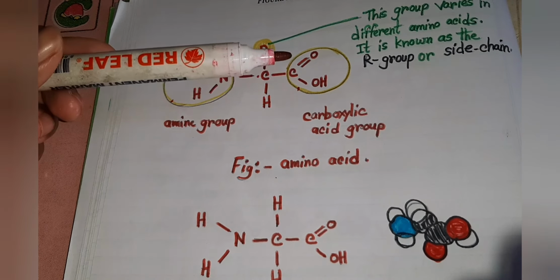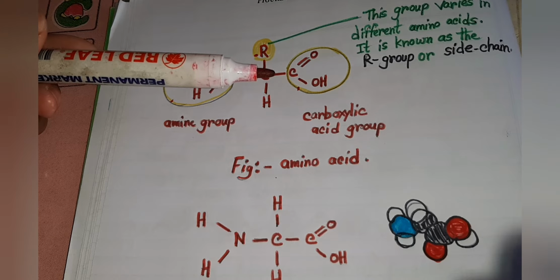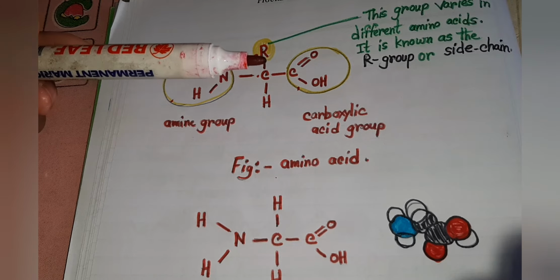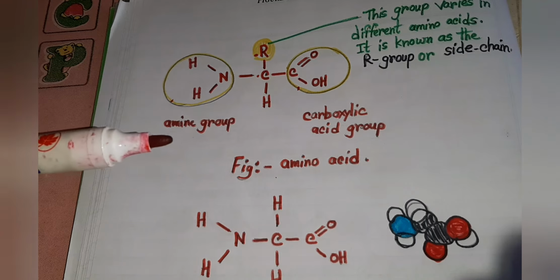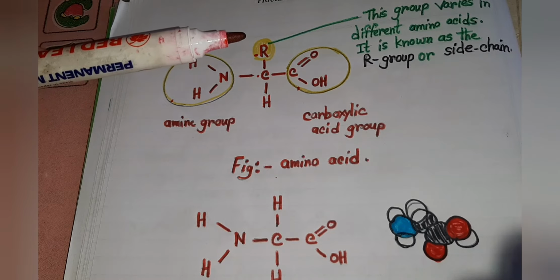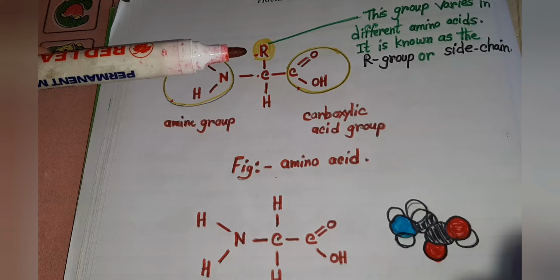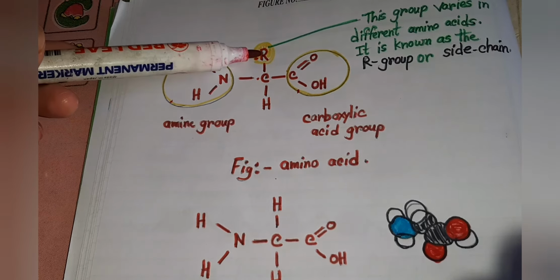These two groups give amino acids their name. The third component always bonded to the carbon atom is a hydrogen atom. The only way amino acids differ from each other is the remaining fourth group of atoms bonded to the central carbon. This is called the R group.